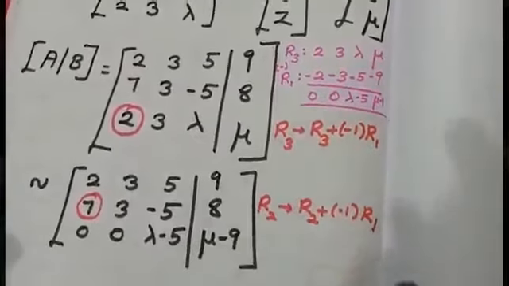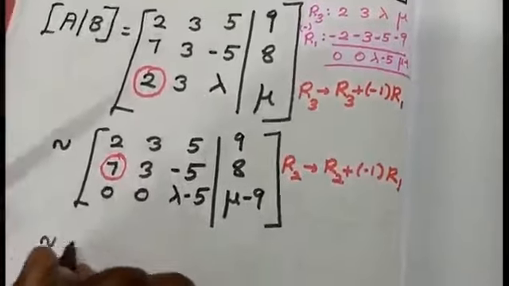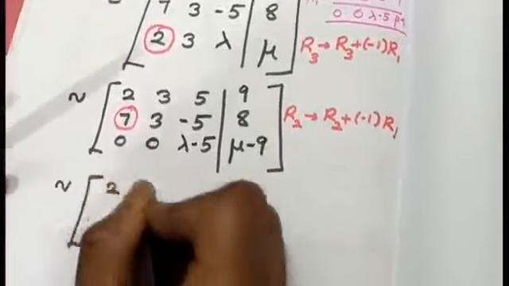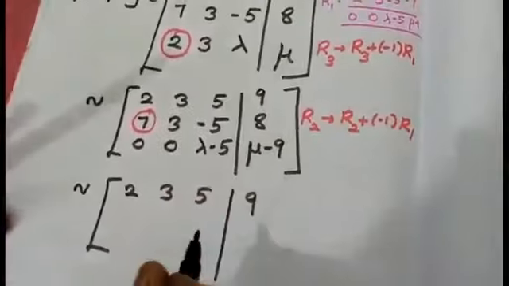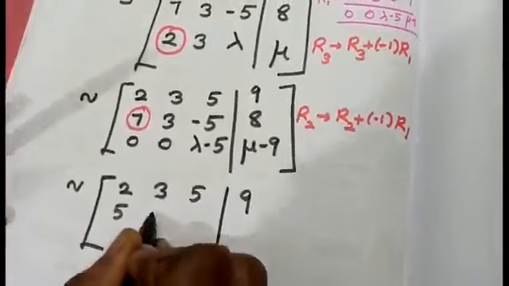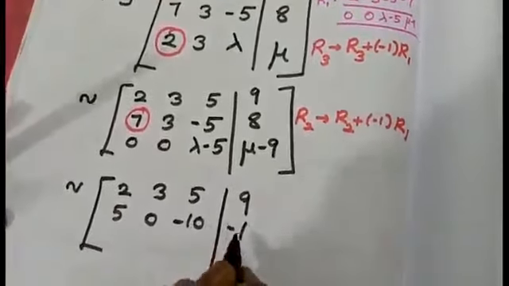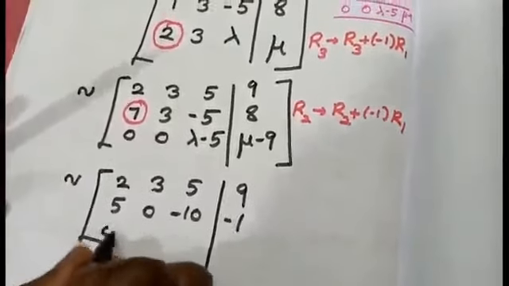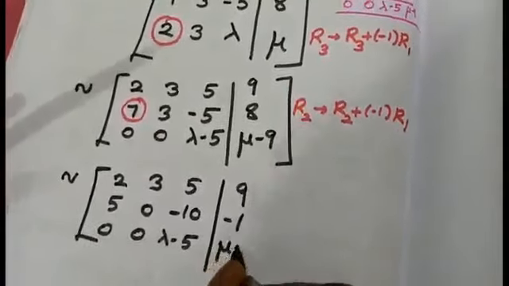If I do like this, I will get 2, 3, 5, 9. In place of R2, I will get 5, 0, minus 10, minus 1, and then 0, 0, lambda minus 5, nu minus 9.